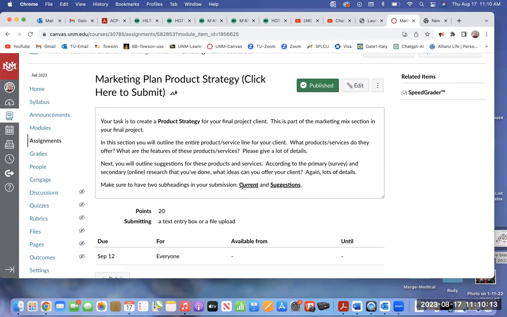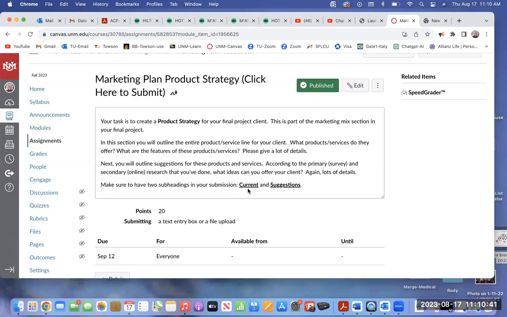And that would be the current. So in every one of the 4 Ps in your marketing plan, you're going to have current and suggested ideas. For product strategy, you're going to have current and suggested ideas this time. So you're going to write a draft of all of their current products and or services. And then you're going to make suggestions.